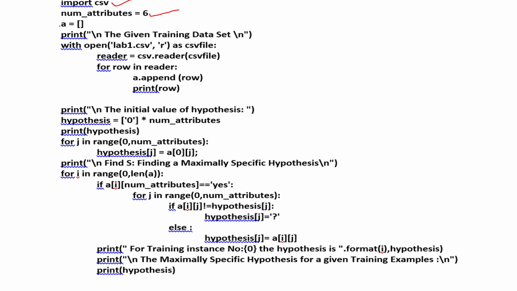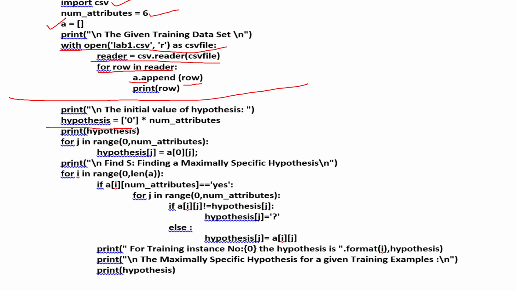So load the data: use an empty list, open the CSV file, read the CSV file. This is the data in the object. Navigate to the last row, get the data, append it to the list, and repeat till the last row.